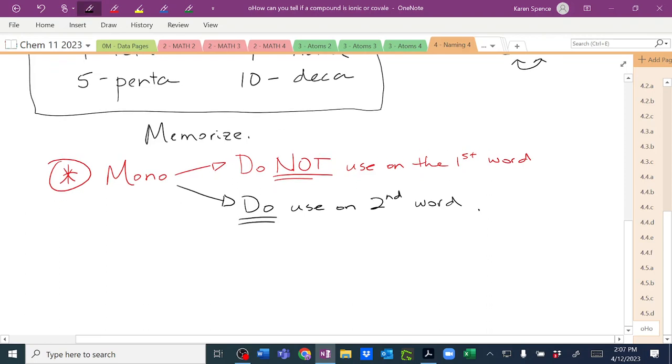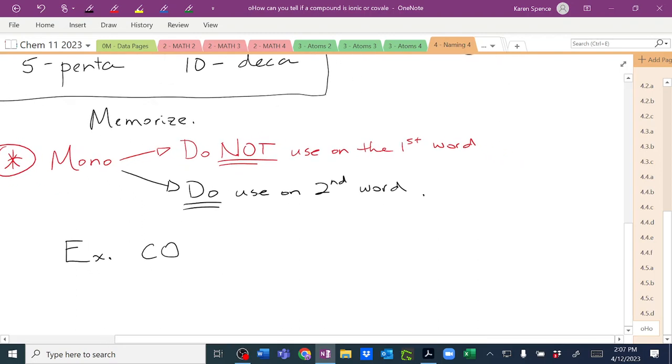So for example, here's a compound that later in this class we are going to draw a Lewis structure for. CO. I have 1 C, I have 1 O. Normally, when we do these, we would write prefix and then the name of the element, first element, and then we would write prefix and the name of the second element.